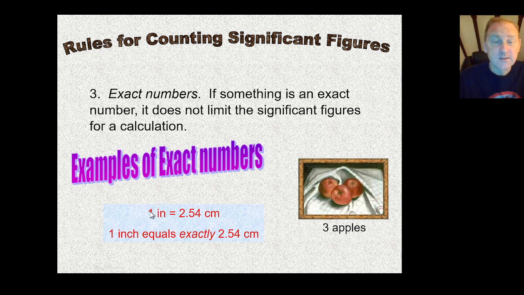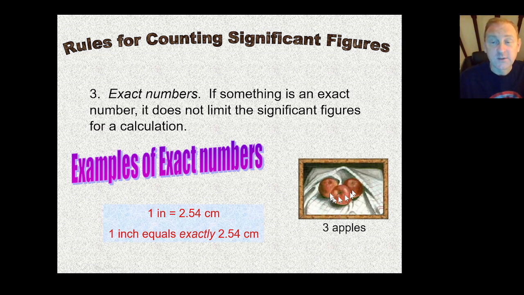But this 1 inch and 2.54 centimeters, there's no limit to the significant figures here. In other words, this is not 1 significant figure. This is not 3. If it's an exact number, it doesn't limit the amount of significant figures when we're doing calculations. So remember that, because next time we will be doing calculations. But right now, I just want you to identify significant figures.